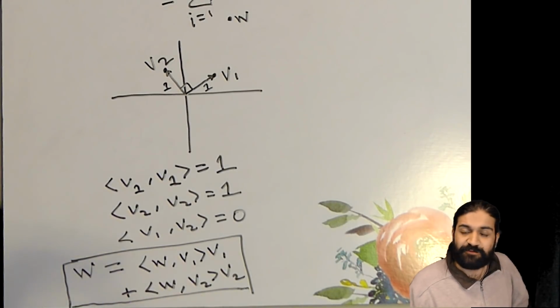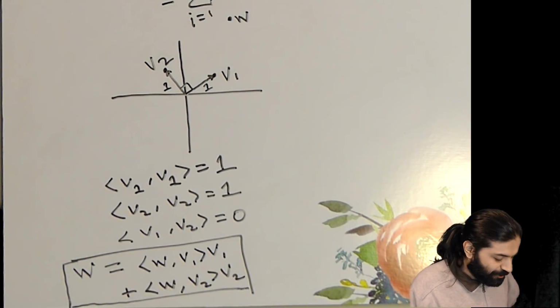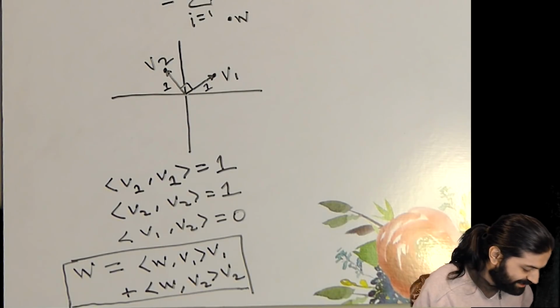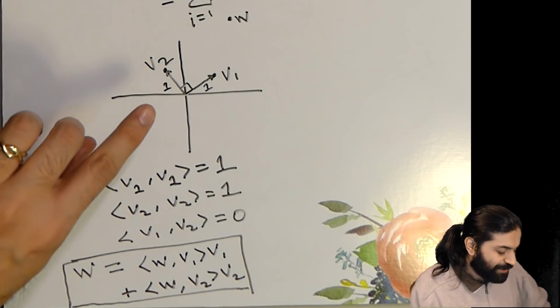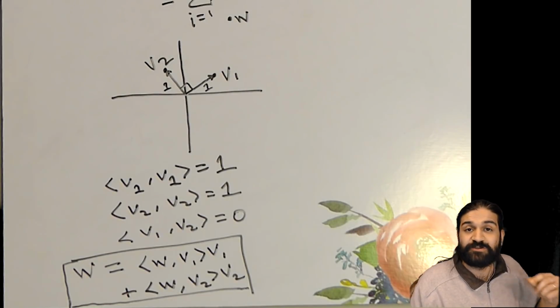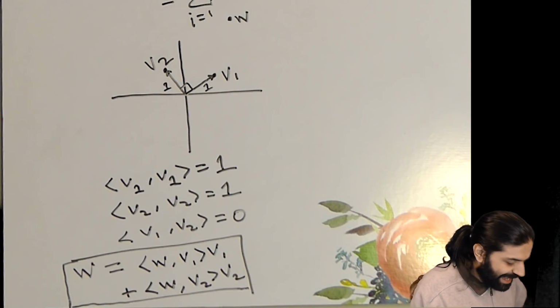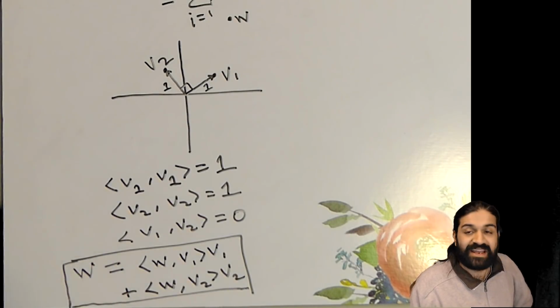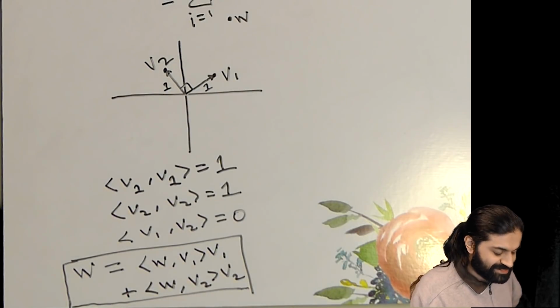If you've never seen this before, I definitely encourage you to think about it, or if you're lazy, just look it up on Wikipedia. So when you have 2 vectors like this, it's incredibly easy to decompose any vector lying out there as a linear combination of the 2. It's very easy to figure out what these coefficients are.